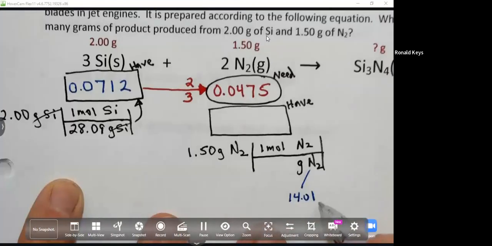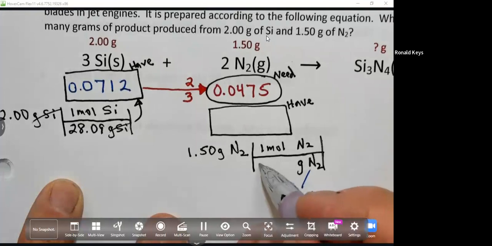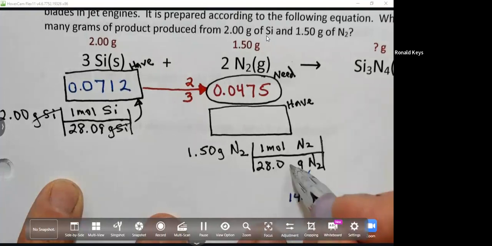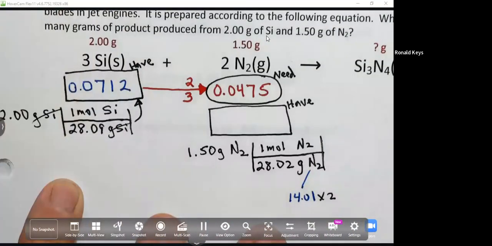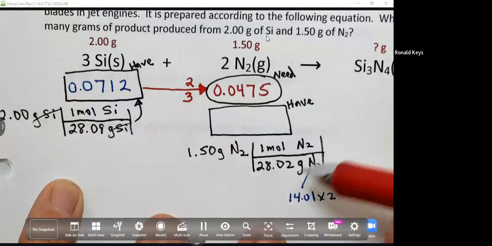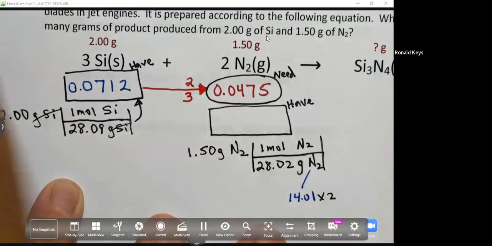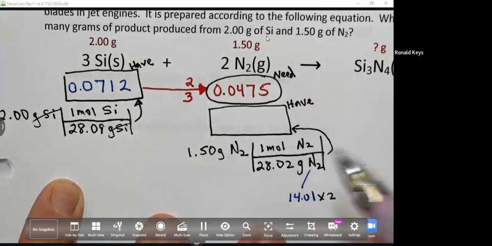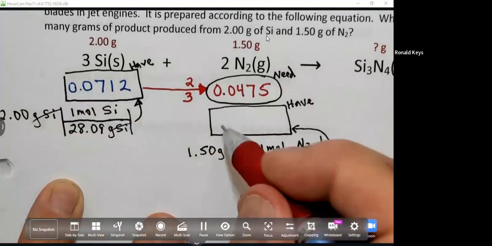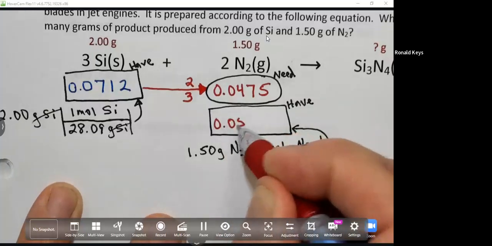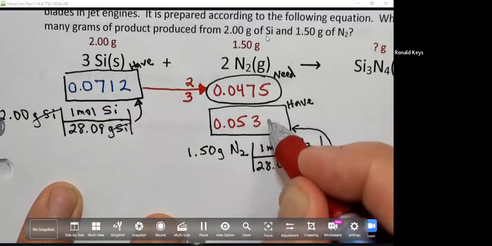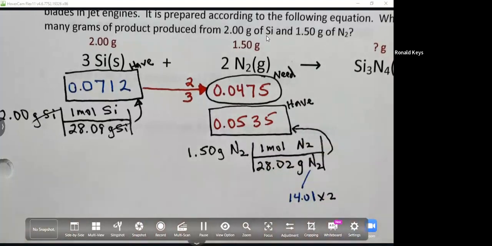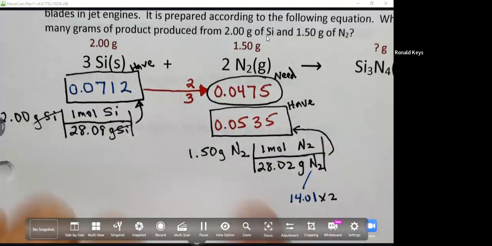So 28.02. So it looks like I have 0.0535 moles. Yeah, just 1.5 divided by 28.02.